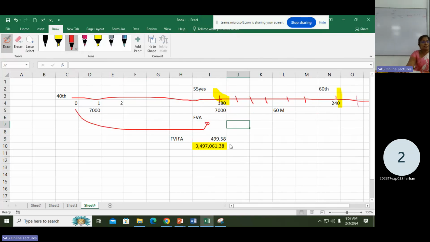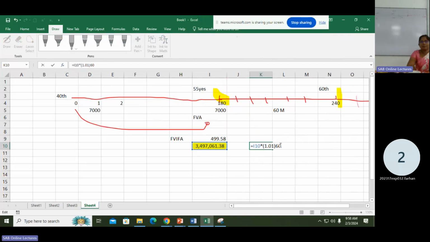So what is that? Normally you can apply the future value interest factor. You can calculate the value at the end of these 5 years. Simply multiply this 3,497,061 by 1.01 to the power 60.